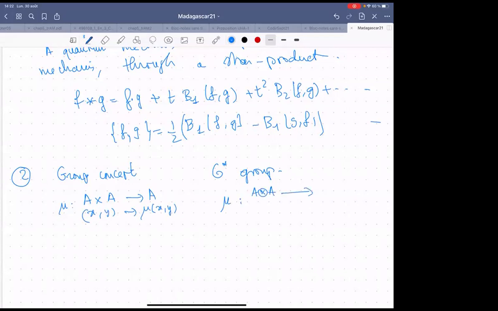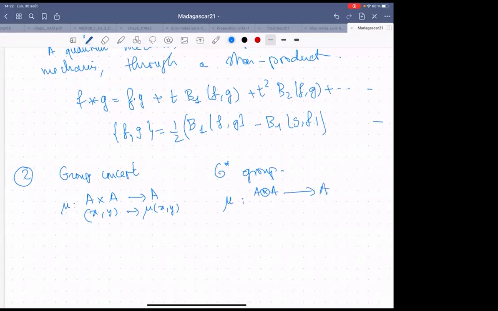Then this mu is just a linear map from A tensor A to A. Now, if I dualize this, then what I get is something going from A dual to A tensor A dual, the dual of this vector space.